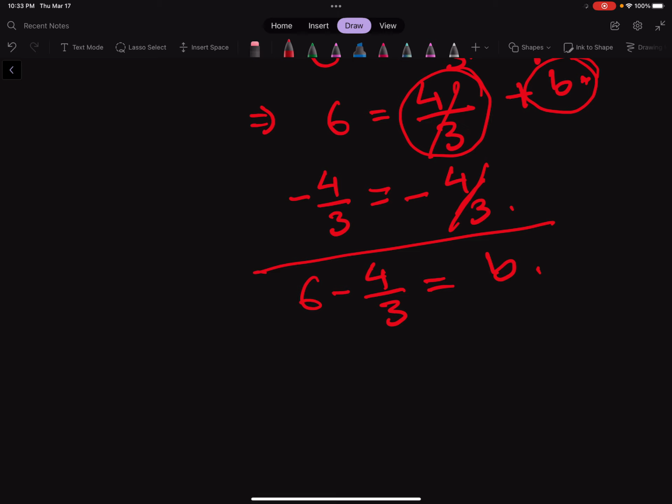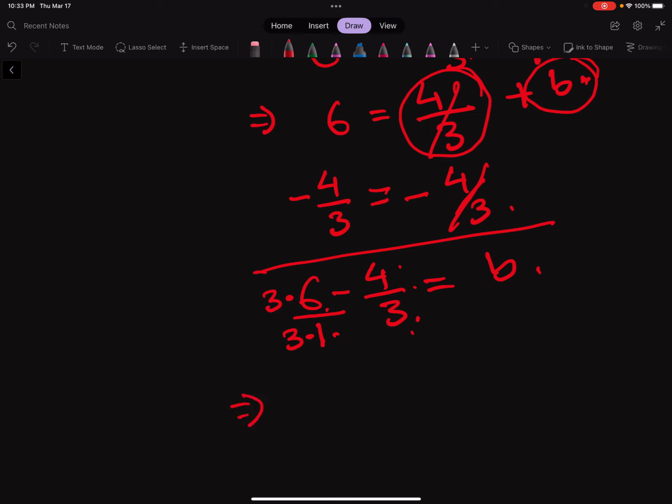Now I need to take away 4 over 3 from 6. It looks like a whole number, but there is obviously a denominator, so you'll have to get a common denominator. You multiply this by 3, and so you multiply the numerator also by 3.